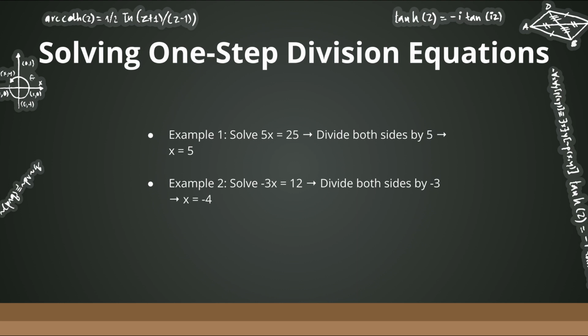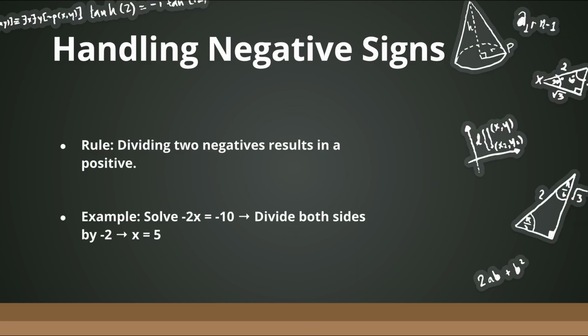Next slide. Handling negative signs. Negative numbers can be tricky, but don't let them intimidate you. Let's focus on a key rule: when you divide a negative by a negative, the result is always positive.